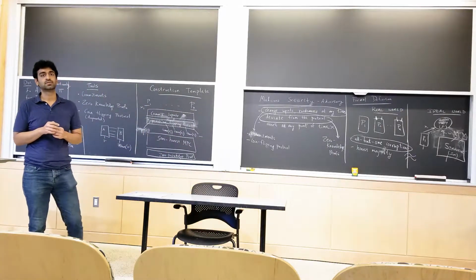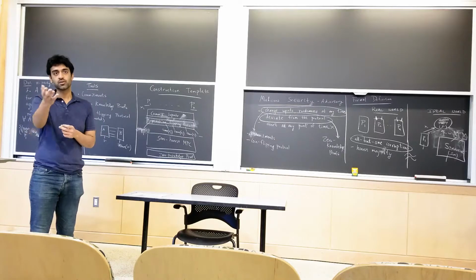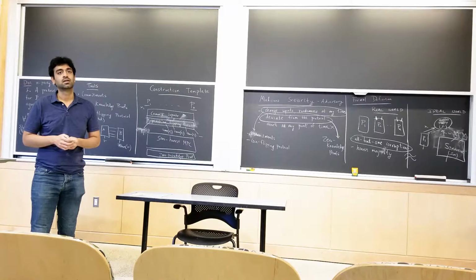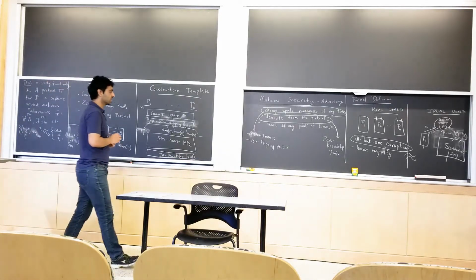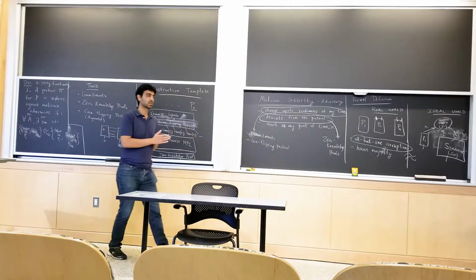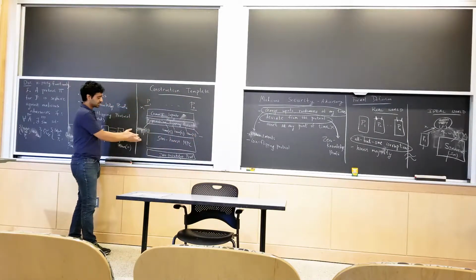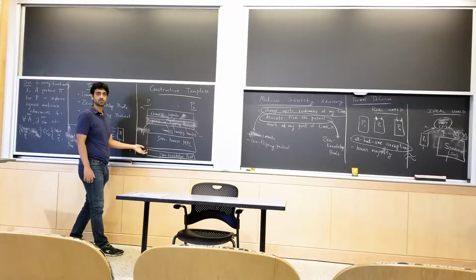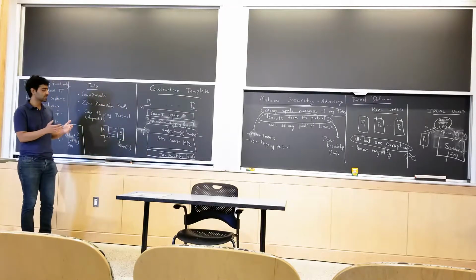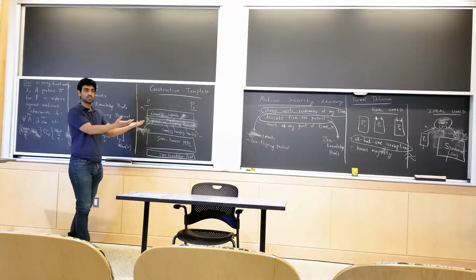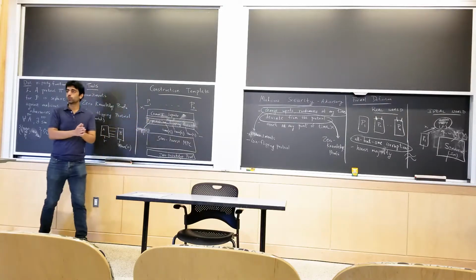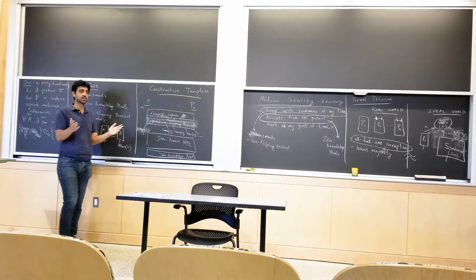Maybe how to fix that: every time I send something to a different party, I also execute a zero knowledge proof that I behaved according to the protocol. Exactly, excellent. So the way to fix this problem is not to wait too late before you give the zero knowledge proof, but instead whenever you send a single message in the semi-honest MPC protocol, you prove to everyone else that you have behaved honestly.